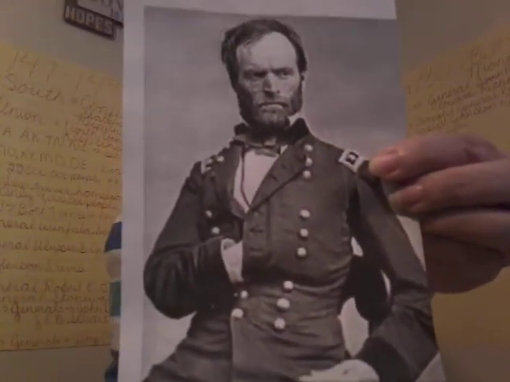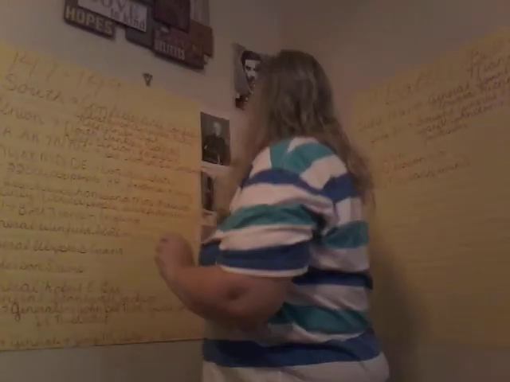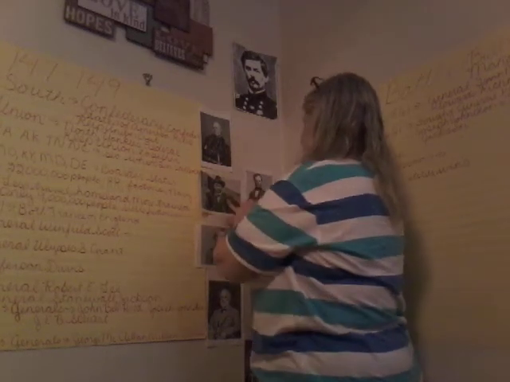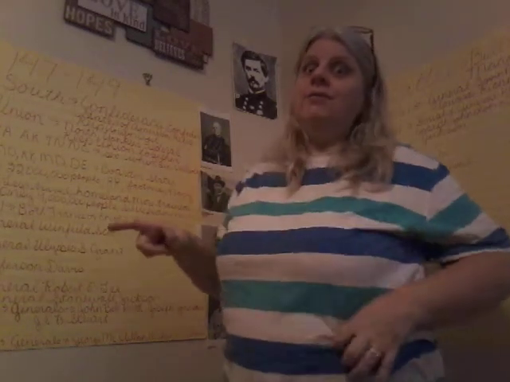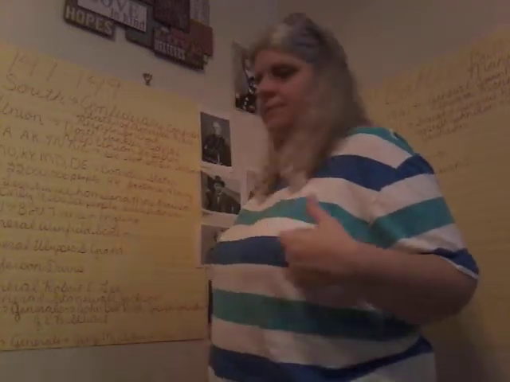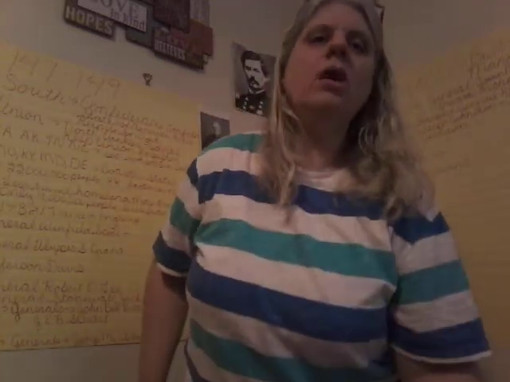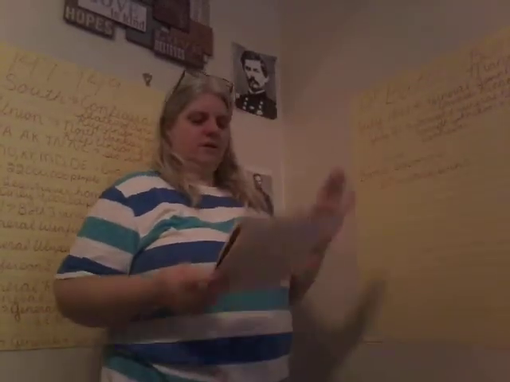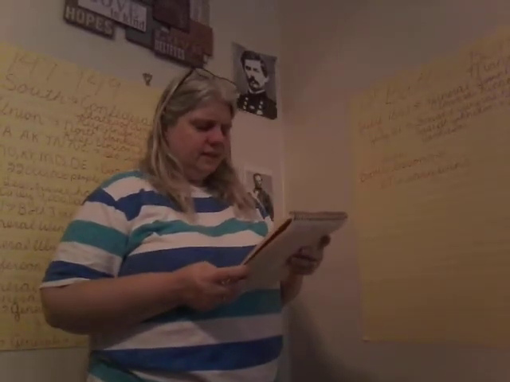Okay, William T. Sherman. All right. He is very good friends with Ulysses S. Grant. Together they go, we're done playing, we're going to end the war. All right. Okay, we also have, well, we'll get to those when we get to the war, I guess. We'll just wait on them, okay? When we get over here, they're over here.